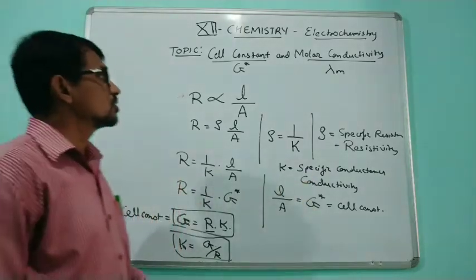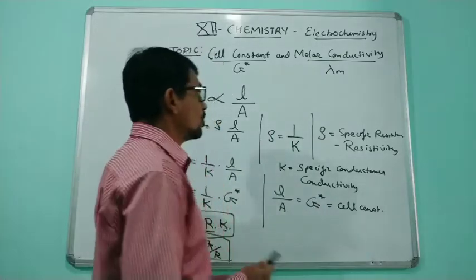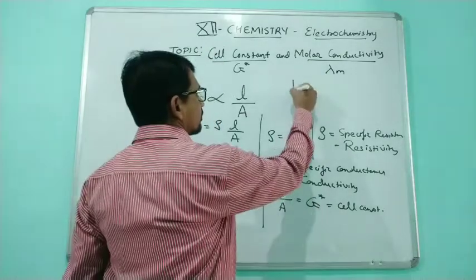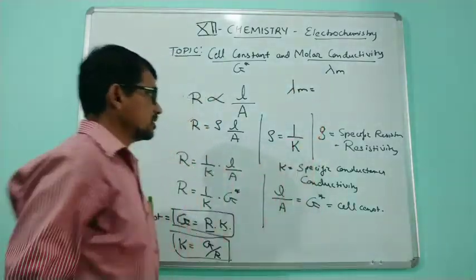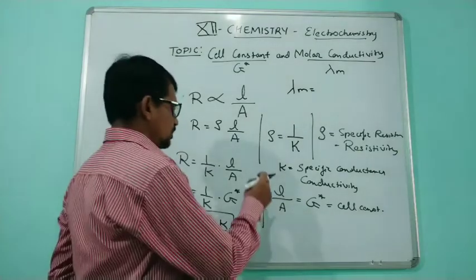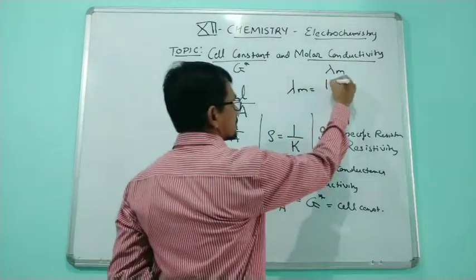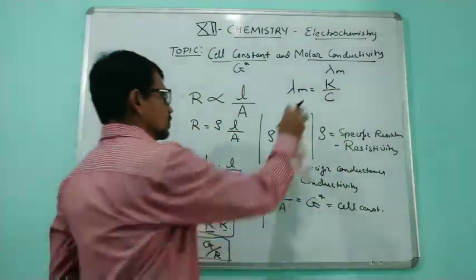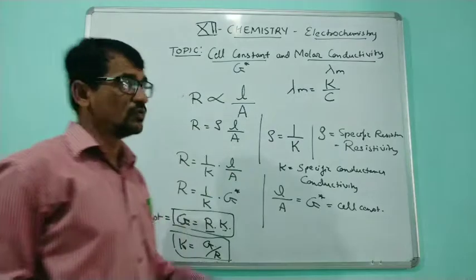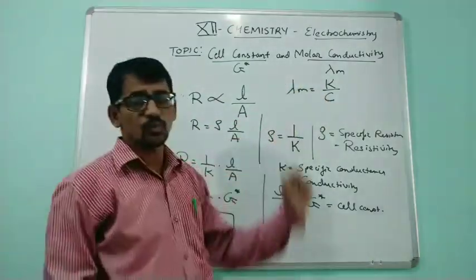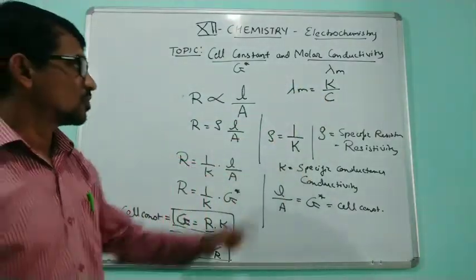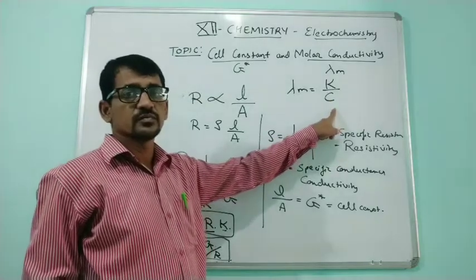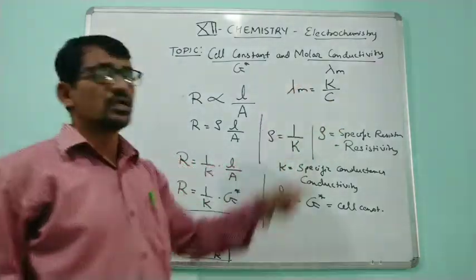Now we discuss molar conductivity. Molar conductivity lambda m is equal to specific conductivity, kappa, divided by concentration. So you can say it is inversely proportional to concentration. If concentration increases, then molar conductivity decreases.